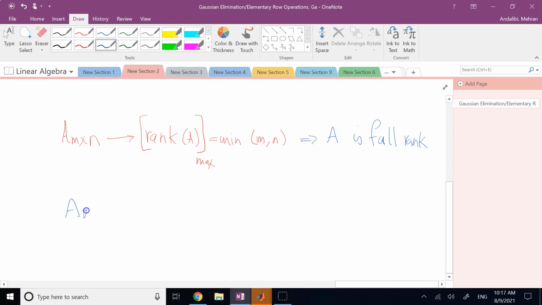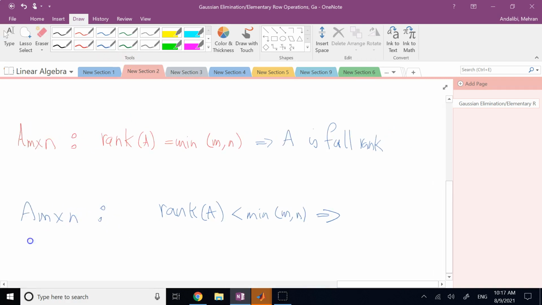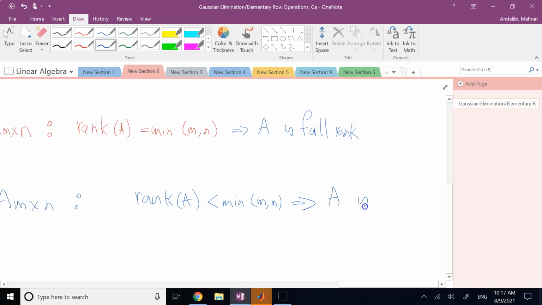If it is such that the rank of A is less than the minimum of m and n, let me write it this way. If that is the case, then we say A is what?